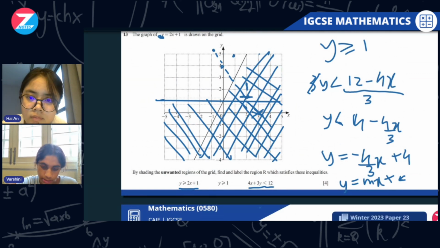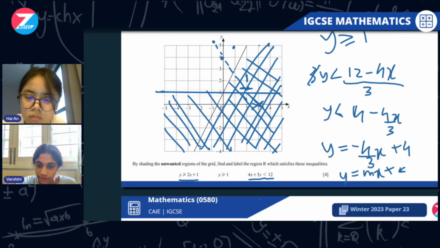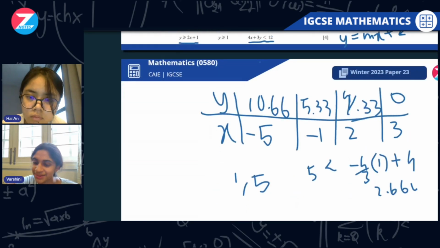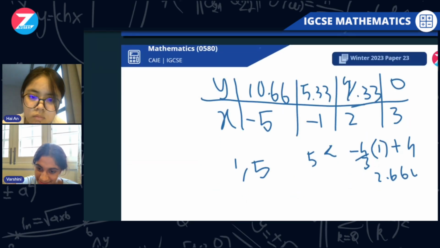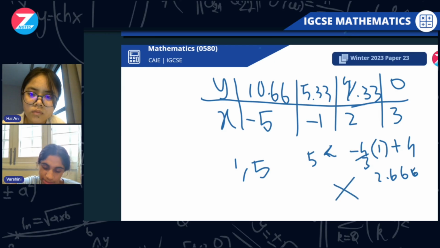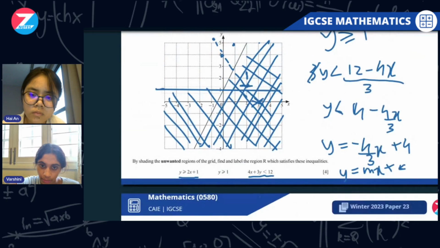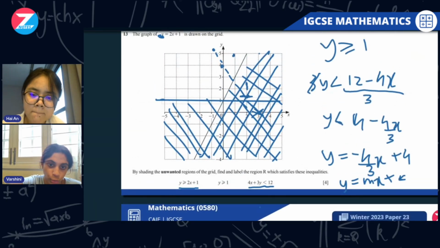Sorry, 5 is not smaller. I don't know what happened. But 5 is obviously greater than 2.66. So that means that this inequality is false.